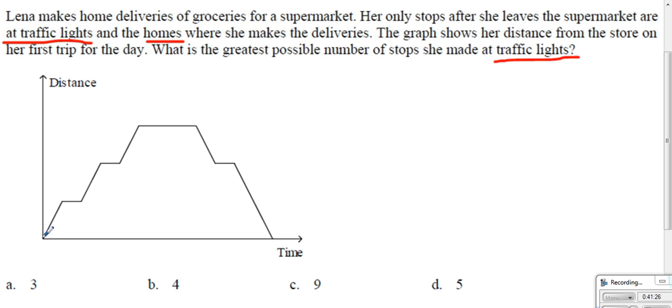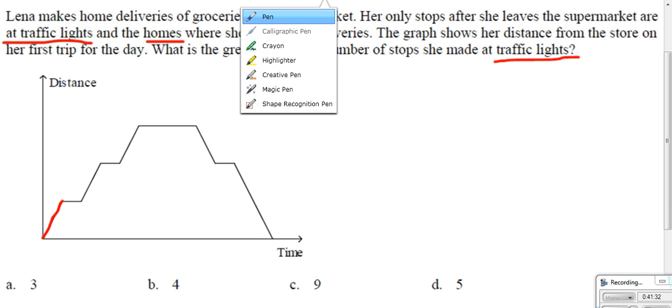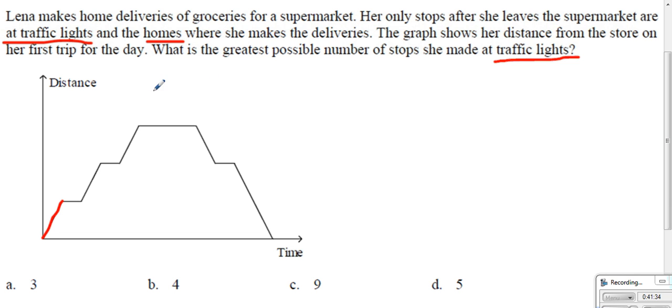So she leaves the store, she goes up, she goes up, she goes up, she goes up, she stops. Guess what this is? This is a traffic light. So I'm going to put that in black. Now, the traffic light turns green, she's moving, she stops again. Another traffic light.